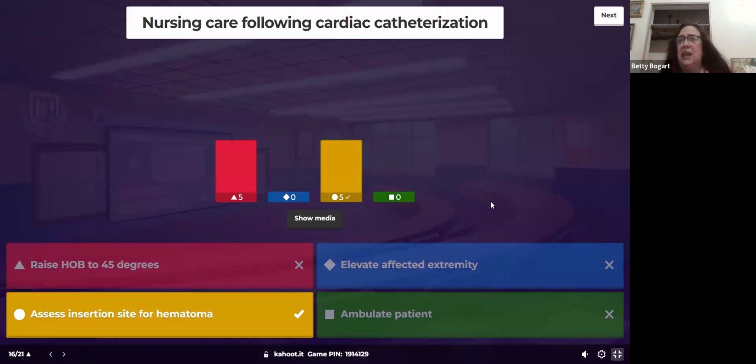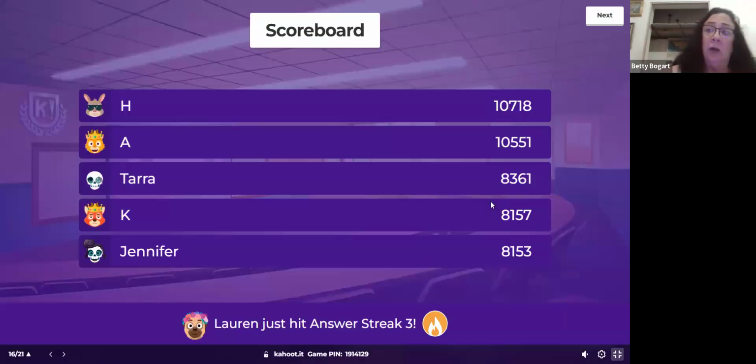We don't want that. Keep that right leg straight, okay? You can slowly elevate the head of the bed, and they need to be on bed rest 24 hours. It's that blood clot. We want to keep it there. We don't want bleeding going on.